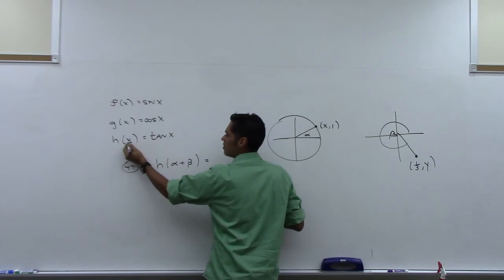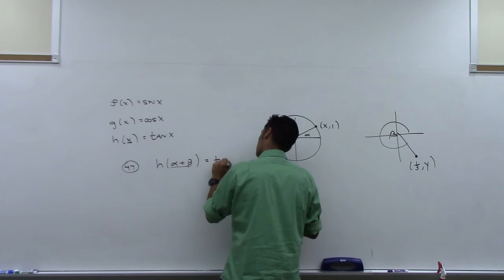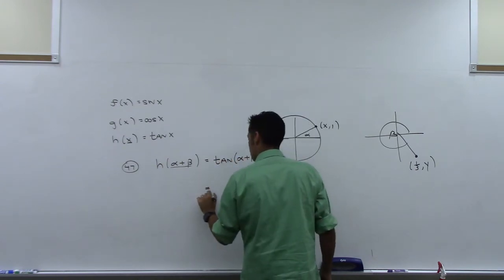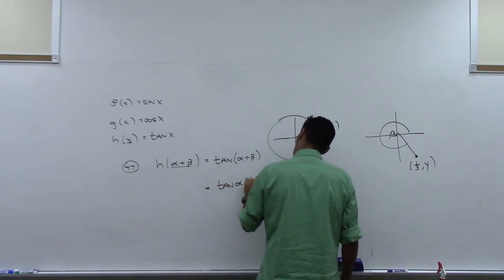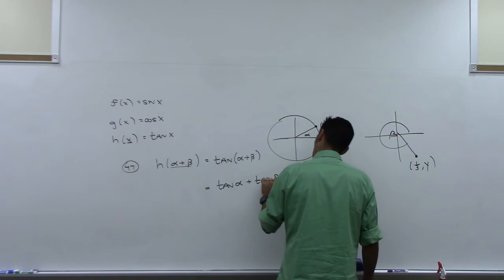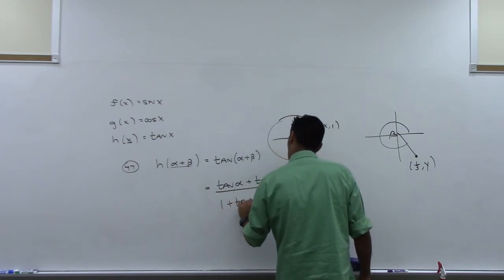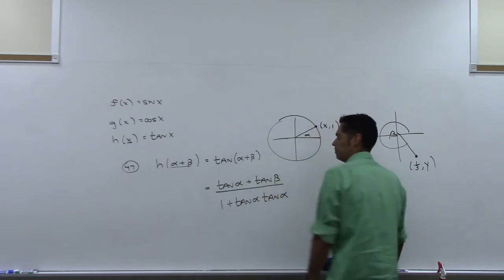So if we replace x with alpha plus beta, it's going to become tangent of alpha plus beta, which we know is tangent alpha plus tangent beta over 1 plus tangent alpha tangent beta.